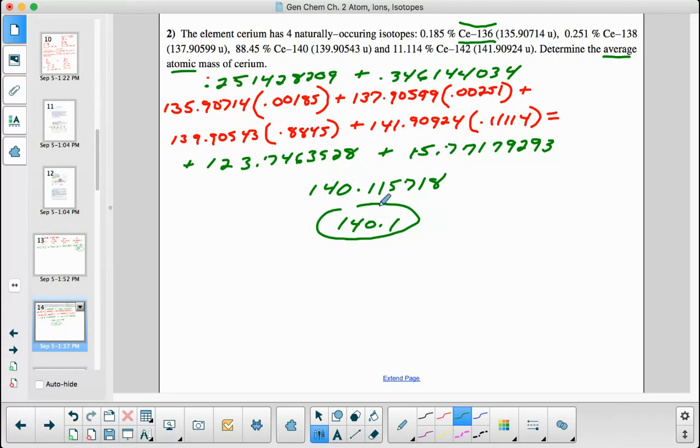And then following some of the sig fig rules, I end up with 140.1 as my final answer, because what I've done here is I've left all my digits in, but I've looked at my multiplication, which allows me 3 sig figs here, 3 sig figs here, 4 here, and 5 here.